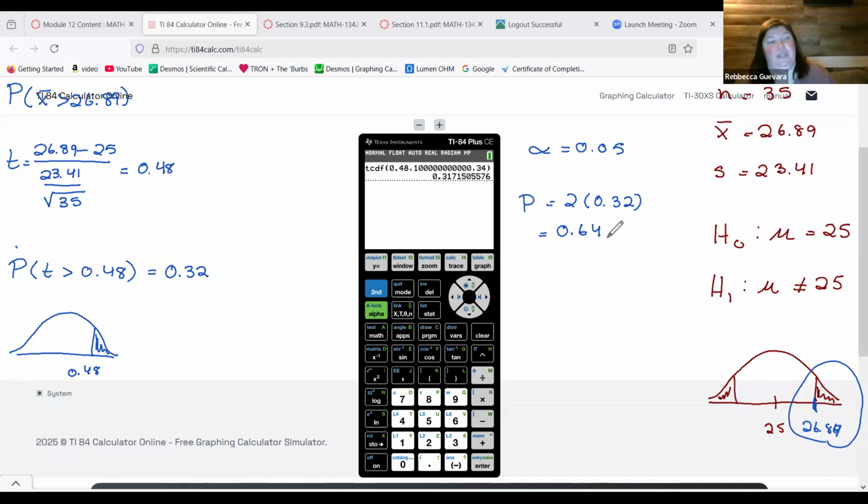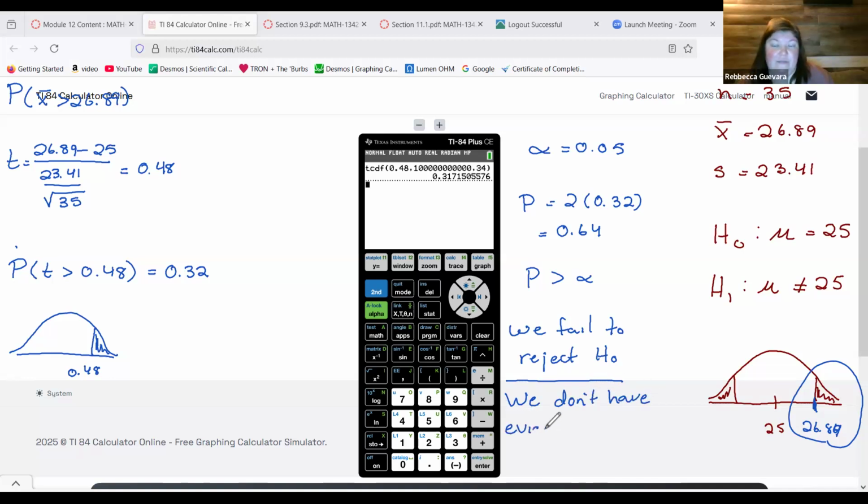We got a really high p here, and definitely p is greater than alpha. So we fail to reject the null hypothesis. And because we fail to reject the null hypothesis, we do not have evidence that the analyst was wrong.